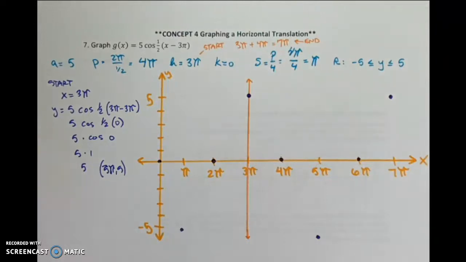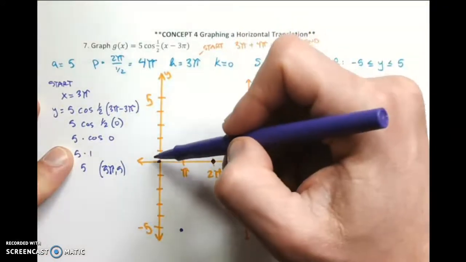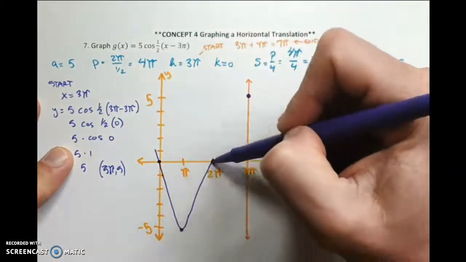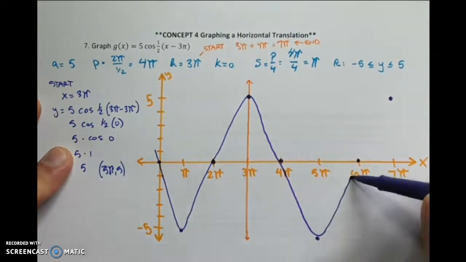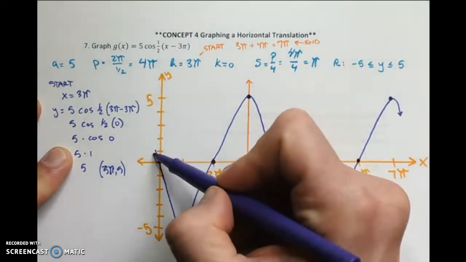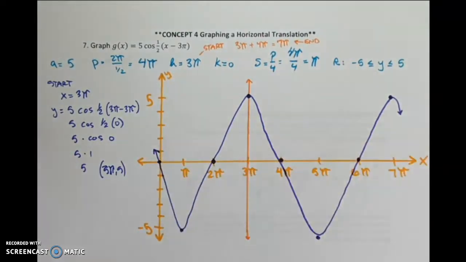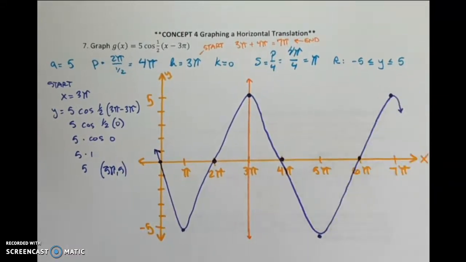That's why I put those dash lines. They help me. Okay, and then we make our curve. Alright, and there we go. We end at that 7 pi. There's our cycle. 1, 2, 3, 4, right? And that's basically everything we need on that one.